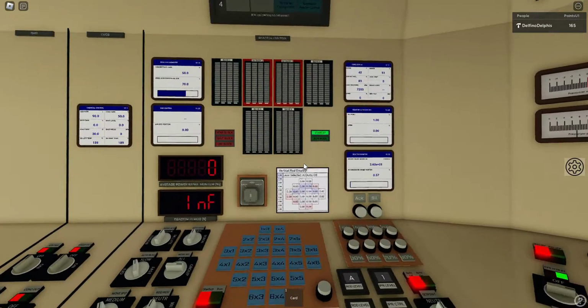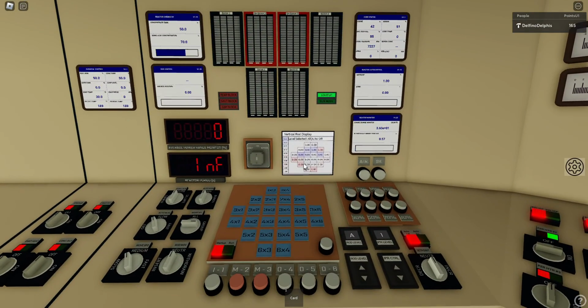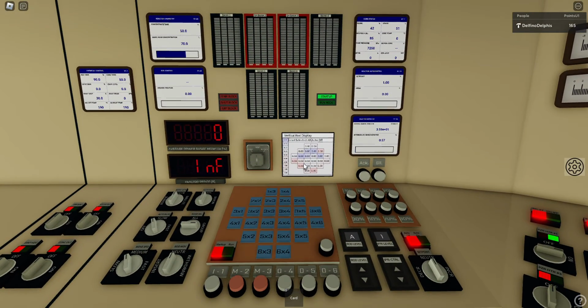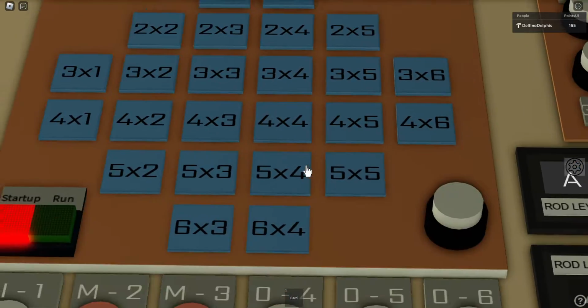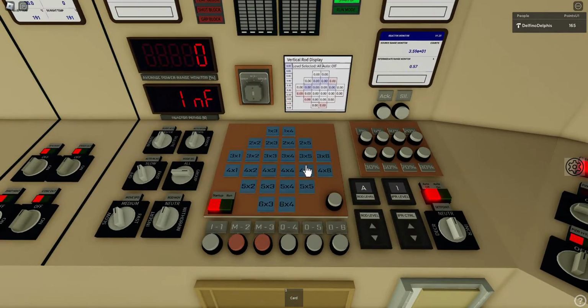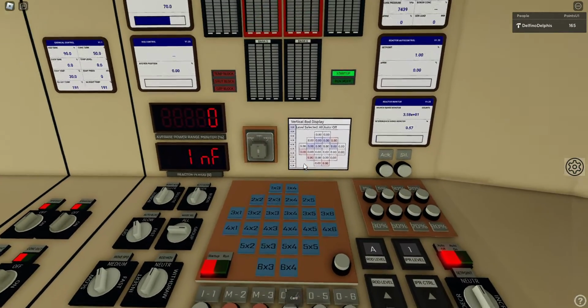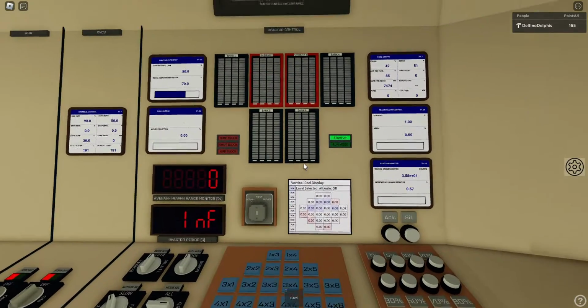Okay, so let me explain how the reactor works. It works pretty much the same as in RPWR. We have left this panel where you can select rods, although it's not a thing that would be found in a pressurized water reactor. I wanted to have this so you know which rods are selected.